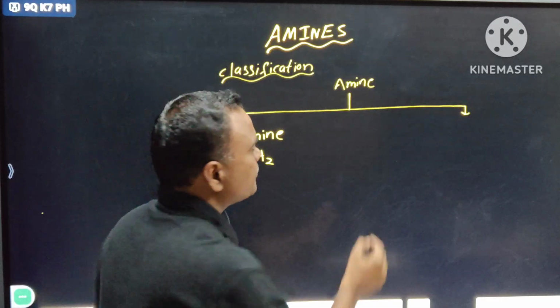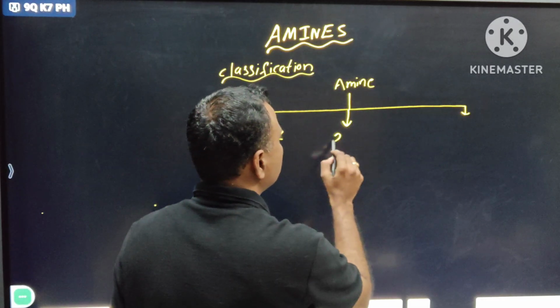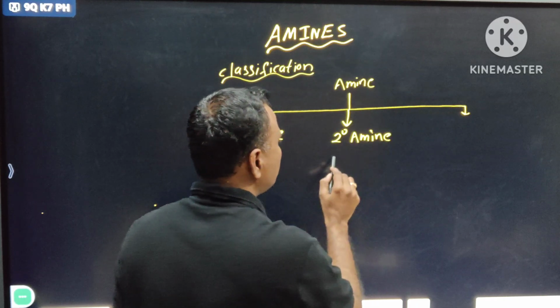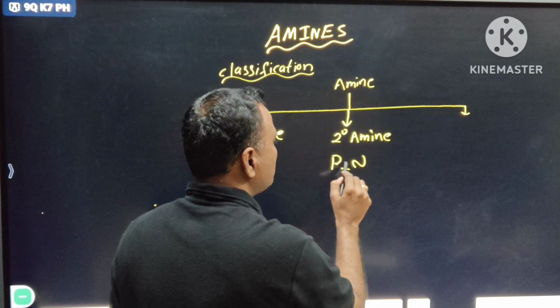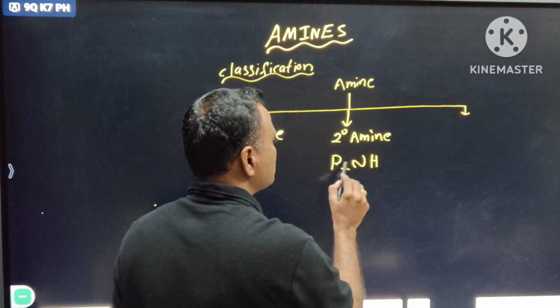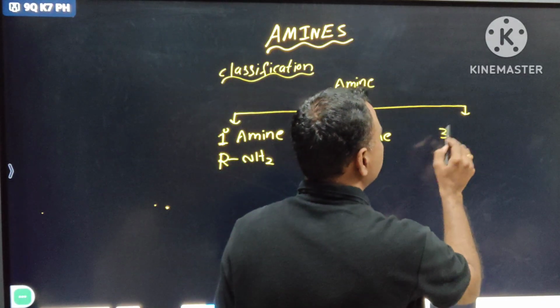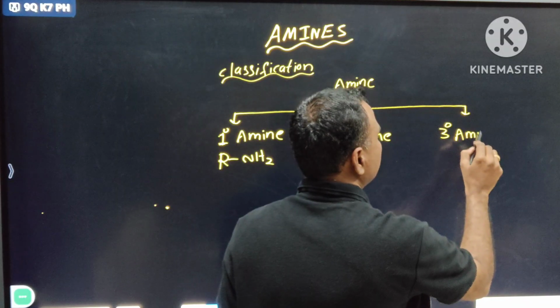Two degree or secondary amine is represented as R2NH, and three degree amine is R3N.